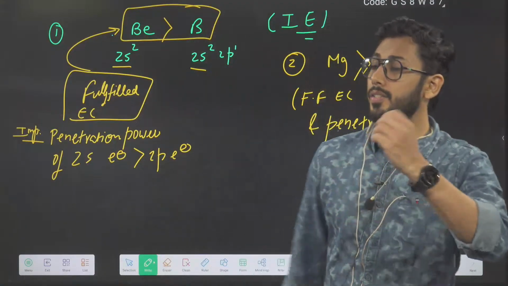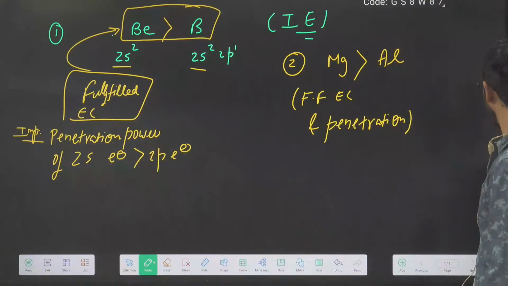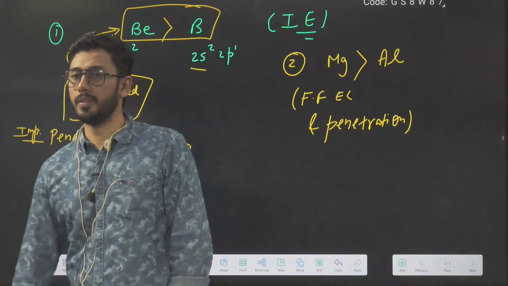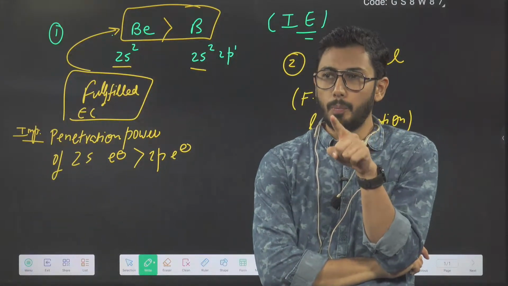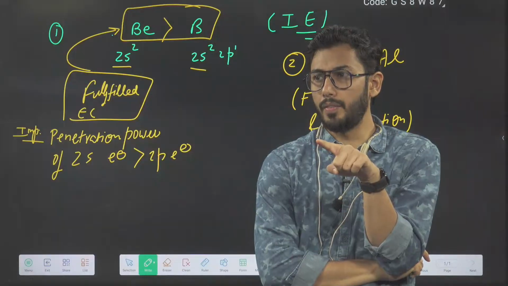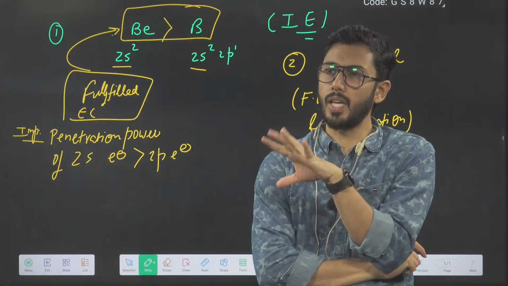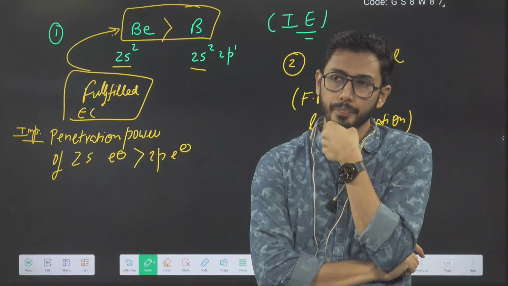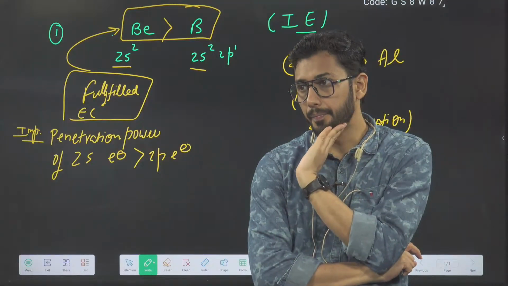So read NCERT today up to IE. You will read that whole story. More examples we'll do in the next class. Clear, students? Atomic radius, revise properly, recall 3 to 5 times, then read NCERT completely for IE, and next class we'll complete IE, starting with electron gain enthalpy.